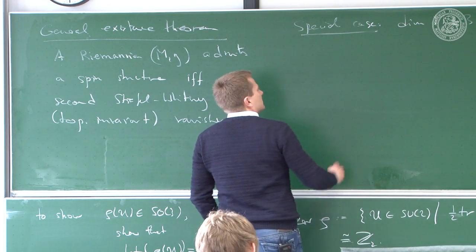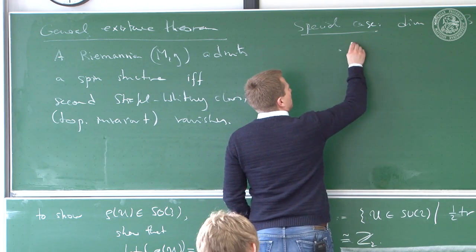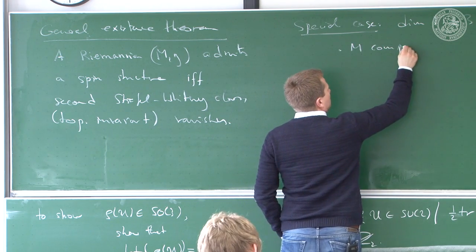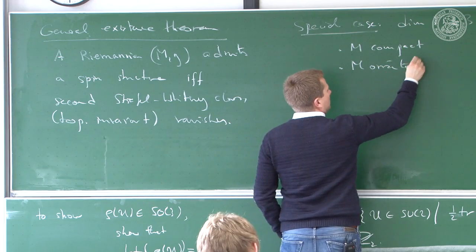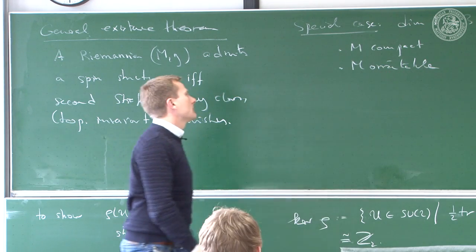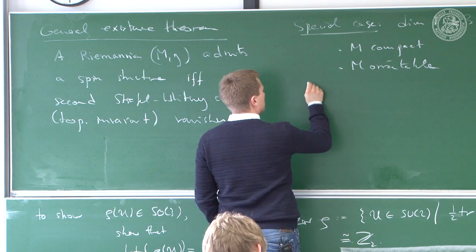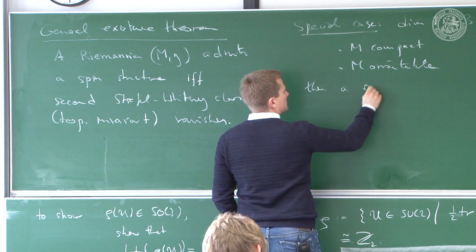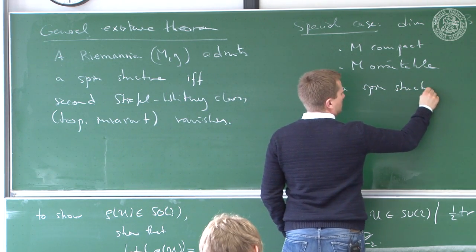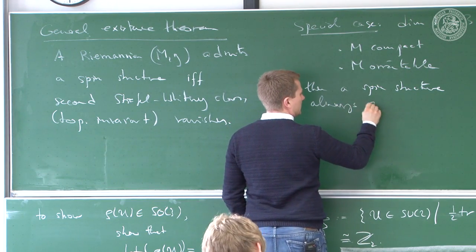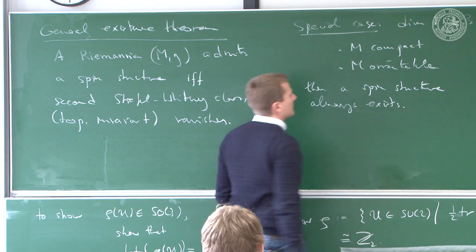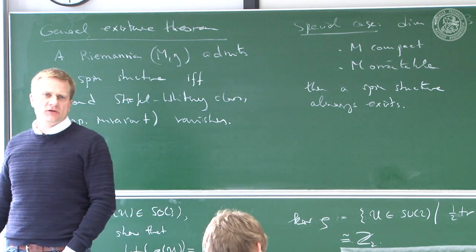Dim M less than or equal to 3, and then if M is compact and M is orientable, then a spin structure always exists. Well, compact, we know it's a topological notion.